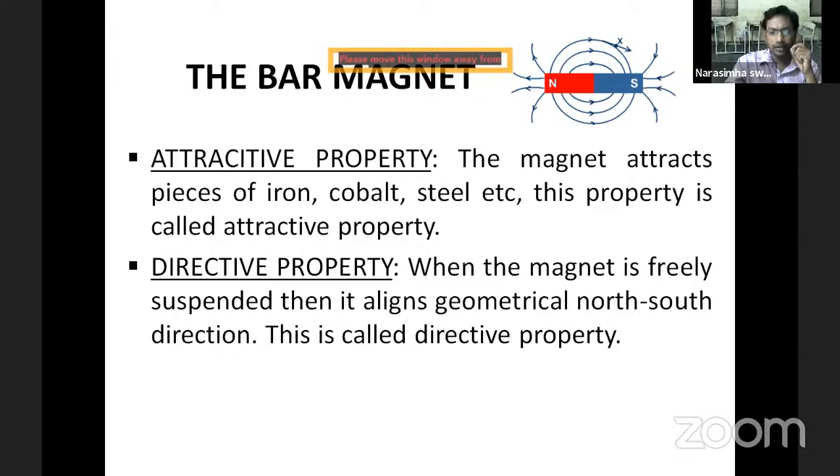Even though you rotate it in other directions and leave it, it comes back to its regular north-south direction. So it has that property, the directive property. So the bar magnet has the attractive property, attracting materials like iron, cobalt, steel, nickel, etc., and the directive property, which always shows north and south directions. These are the properties of the bar magnet.